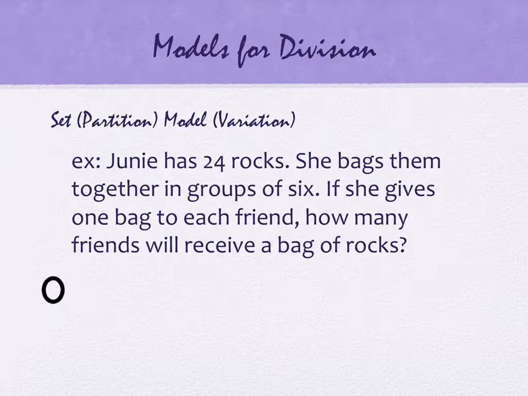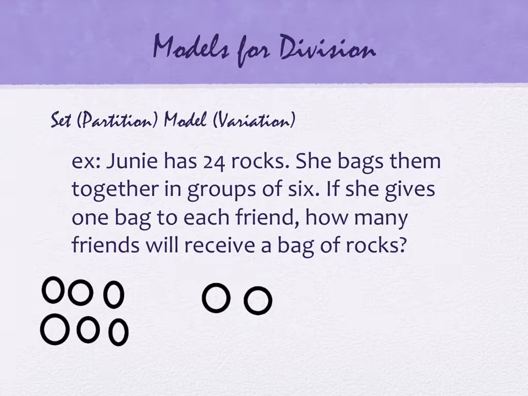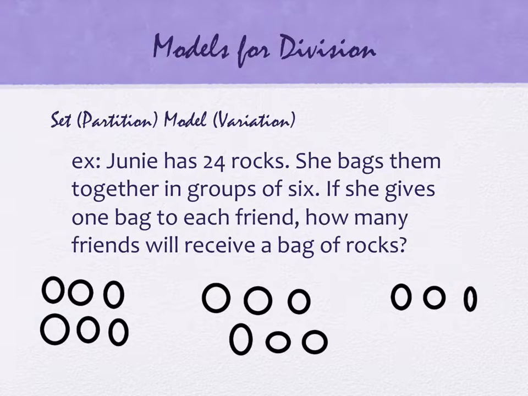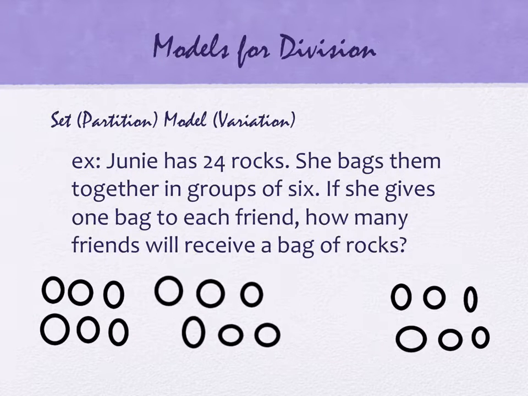So she's created 6 in a group, right? Groups of 6. So here's one group of rocks. Here's the second group of rocks. I'll go back and put the answer on the other one. I just realized I didn't do that. And here's the third group of rocks. I need one more. Where am I going to put it? Let me move this one over.